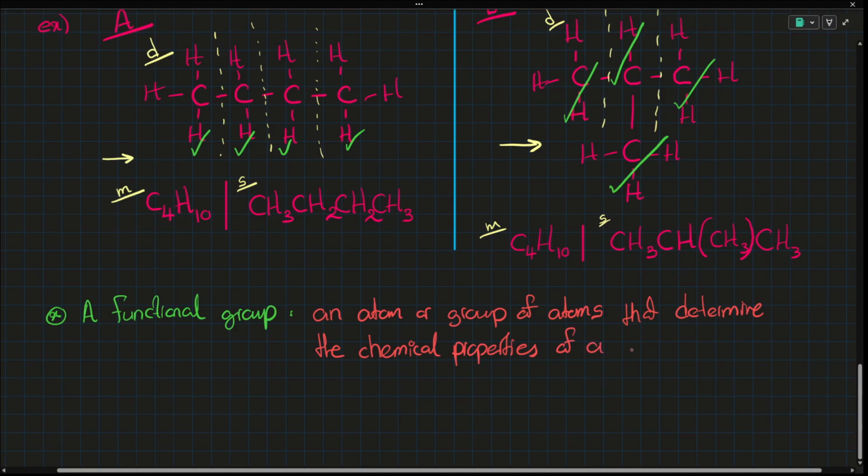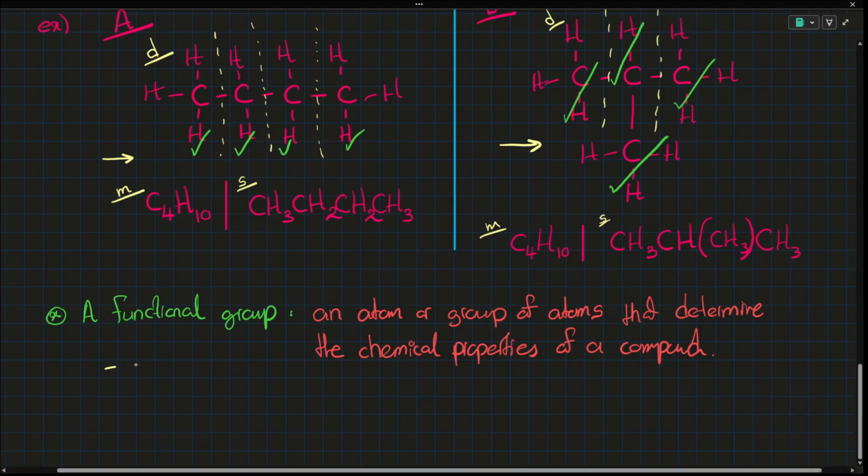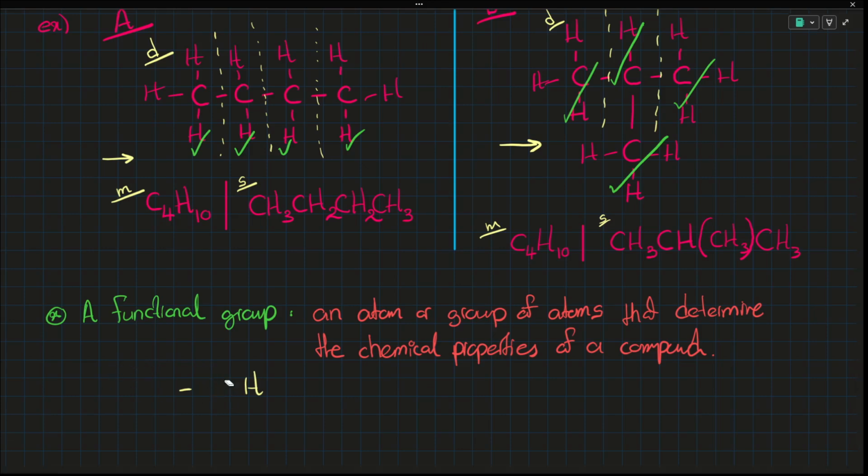Whatever compound they are part of, they determine the chemical properties of that compound. This will become more apparent when we get to homologous series. For now, all you have to know is that a functional group is that. So what exactly does a functional group look like? We have OH functional groups, we have C double bond O H functional groups, things like that. More on those later.